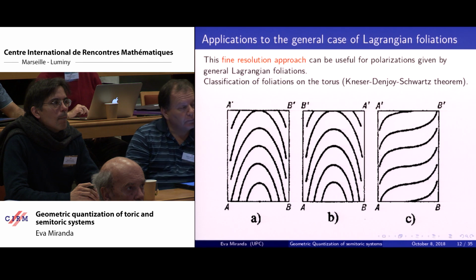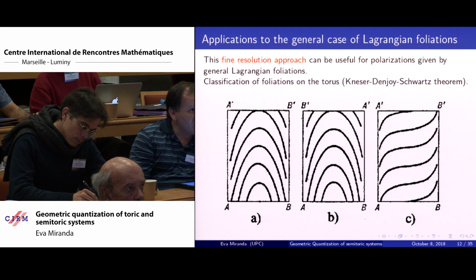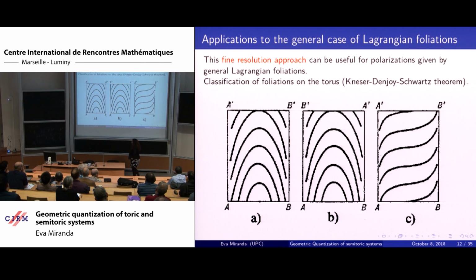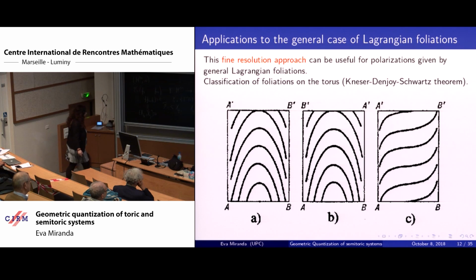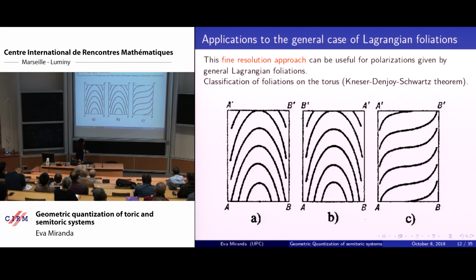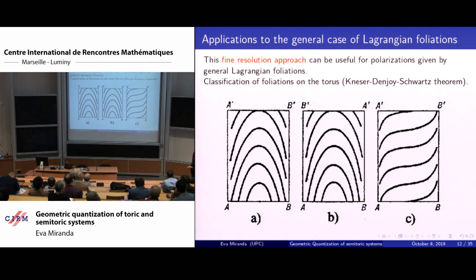Of course the first goal would be to quantize all possible real polarizations. But this is such a big dream that it's too big, right? But in dimension 2, because a Lagrangian foliation is just given by a line field, maybe it makes sense. And for instance, there is a classification of line fields by Denjoy, Kneser and Schwartz.